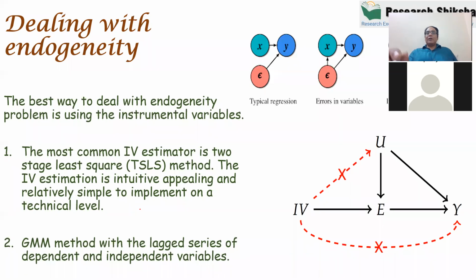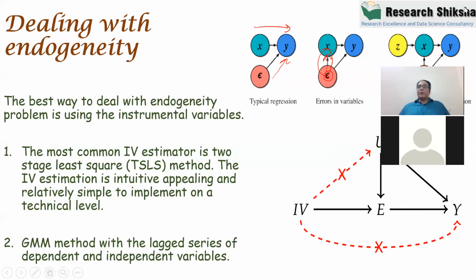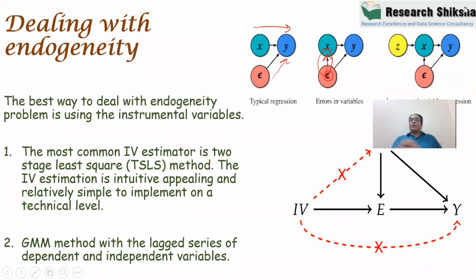Here X is causing Y, and the error term is also having correlation with the dependent variable Y, but the error term is also related to the independent variable. This problem will create a problem in the regression model and will create bias in the slope coefficient.